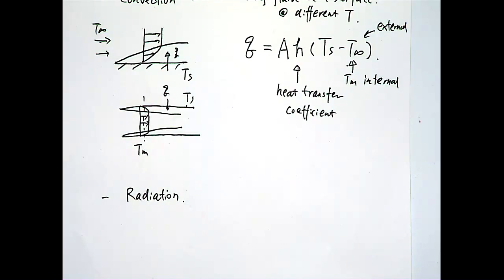So in other words, for light emitted from the sun to reach Earth, no medium is needed. There is no contact surface involved in this process. As long as nothing blocks the light's passage, the light will always transfer, whether you have air or vacuum, it doesn't matter.